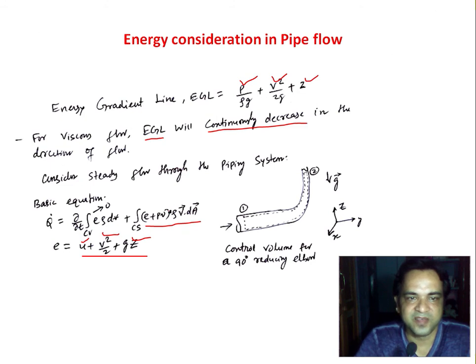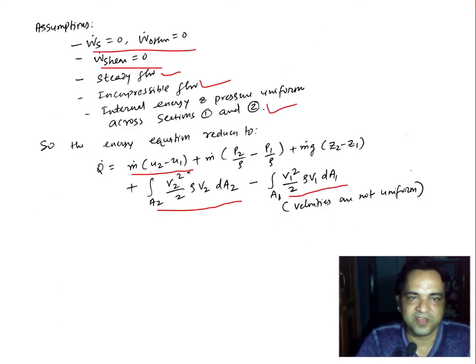If we simplify this expression and put e equal to this much over the control surface, the integration over a control surface, from the Reynolds transport theorem, is the net outflux, so outlet quantities minus inlet quantities. In that form we have written it. So that's why it's u2 minus u1 and p2 minus p1. Also we get the kinetic energy terms, which we have written as an integration because the velocities are not uniform; we are getting the velocity profile.